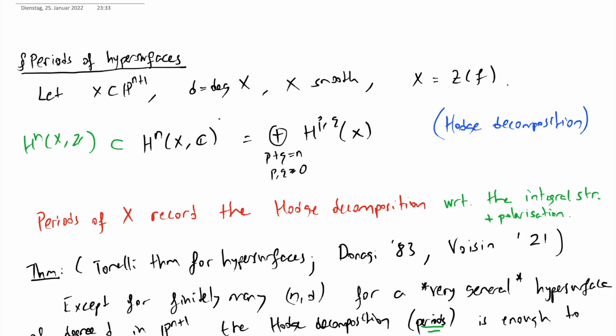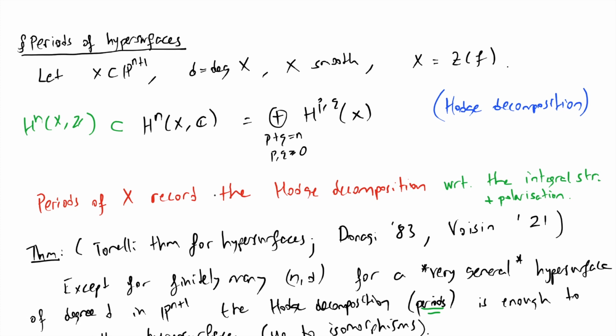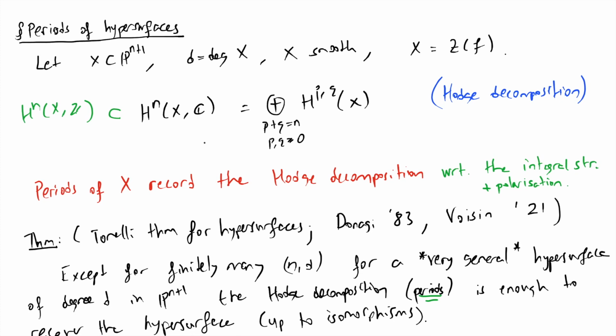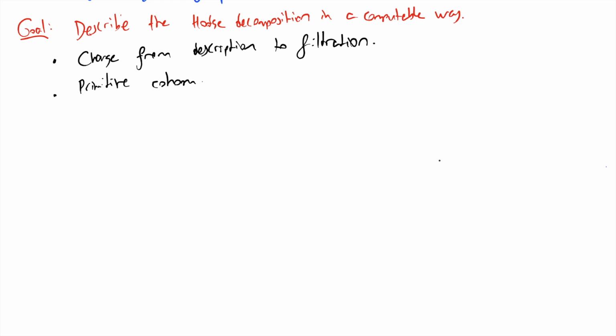Except when n is even, we have to throw out one thing from this. Maybe you'll remember that when we were computing the Hodge decomposition, we had a Dirac delta when p equals q. That's something we subtracted. Well, now we're going to subtract that thing really from this space. So that's the more natural object. So in principle, you can skip the rest. It's mostly about notation, but I have to introduce it.